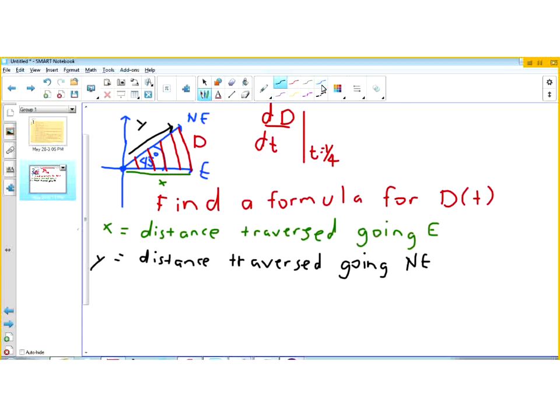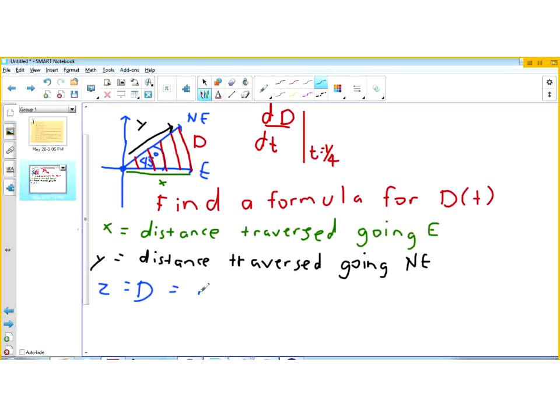Now, let me give you another variable. Let z equal the distance. Instead of this uppercase D, why don't we replace D? We'll just let z equal D, just so we have x, y, and z, for symbolic sake.